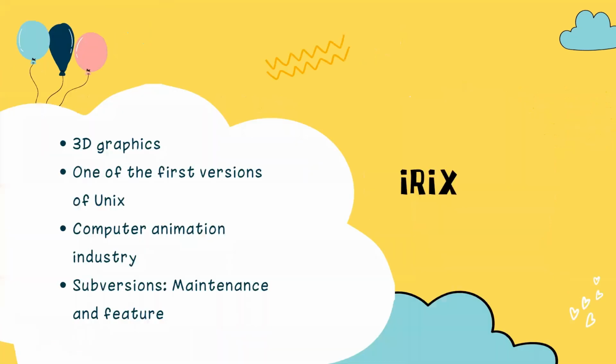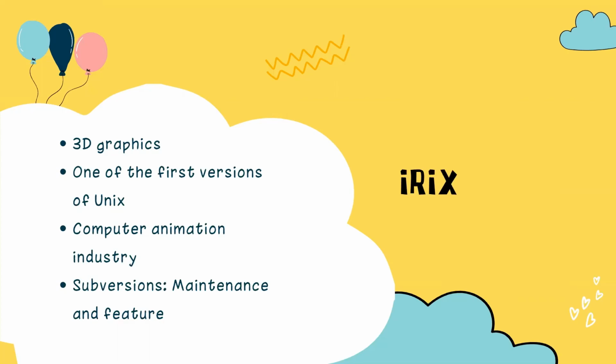Okay, now we are going to talk about Unix. It has particular support for 3D graphics, video, and high bandwidth data transfer. It was one of the first versions of Unix to have a graphical user interface for the main desktop and was widely used due to its high quality 3D graphics in the computer animation industry and for scientific visualization.